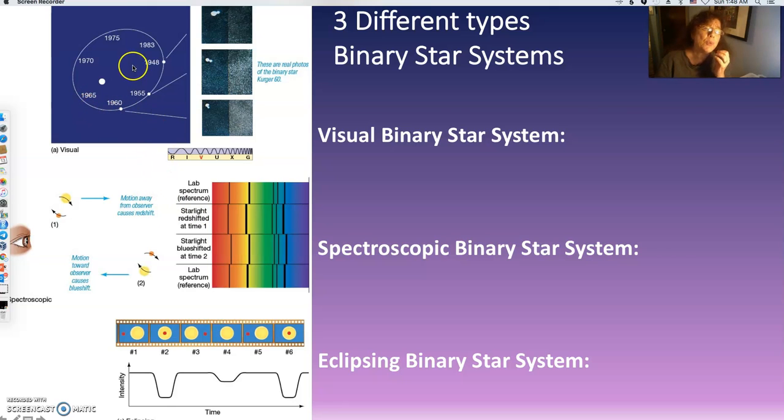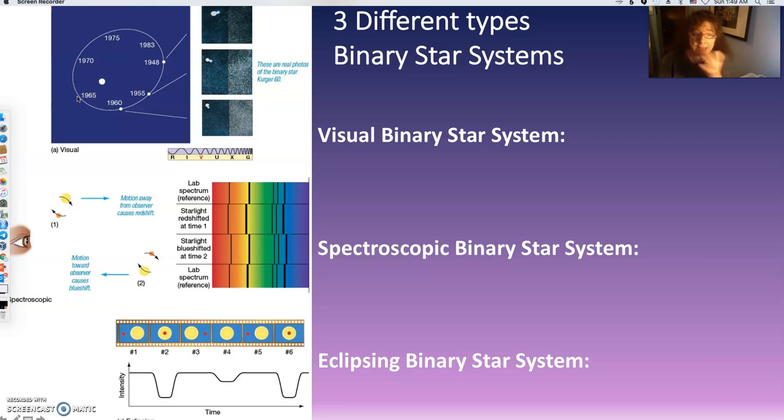If you were looking at this star system from this vantage point, in 1965, you would see a red shift as this smaller star moves away from your eye.